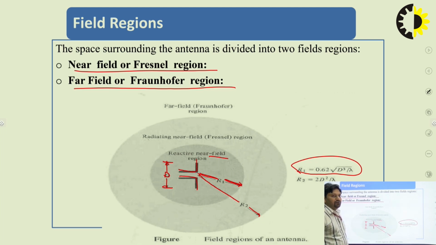In that particular region, no communication occurs because the electric field is reflected back to the antenna.